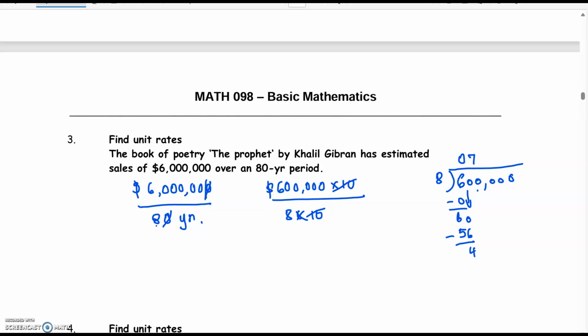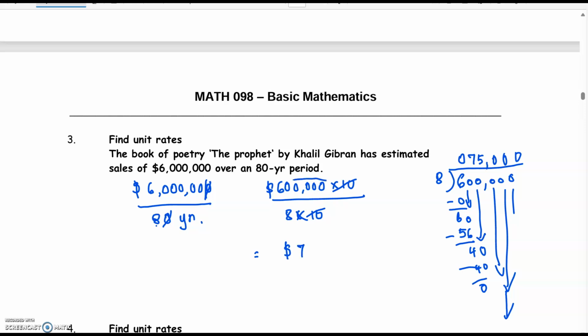Subtract to get a 4, bring the 0 down. 8 times 5 is 40, subtract to get a 0, and then of course for every 0 we bring down, 8 goes 0 times into 0. So that's 75,000. So what have we done? Taken this number and divided it with 8.